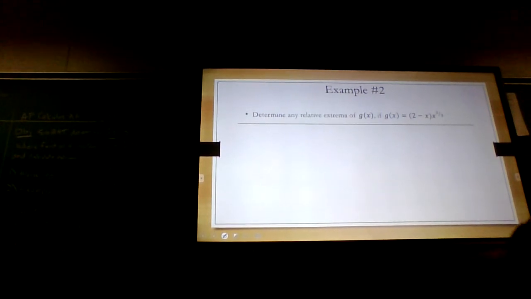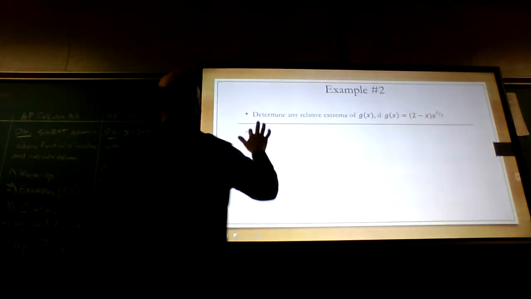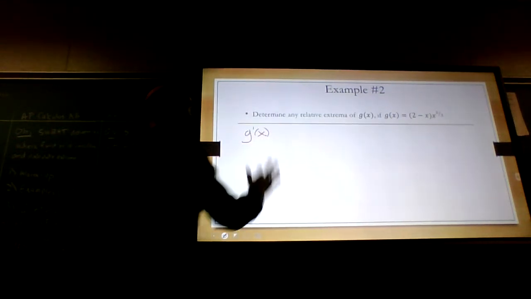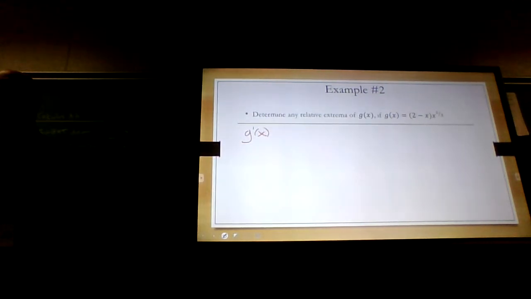Mr. Allen, how are we supposed to do that? So here we go. The first thing we're going to do is find the derivative. Everything in this chapter, the first thing you do is pretty much find the derivative. There's two ways I could go about this. I could do the product rule, or I could do a little bit of algebra so I don't have to use the product rule. What would you prefer? This is calculus.